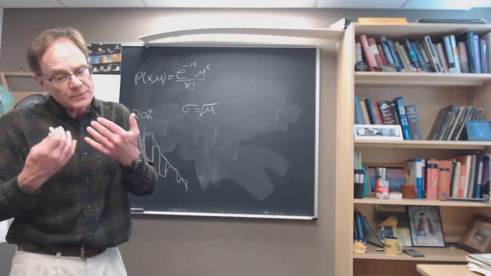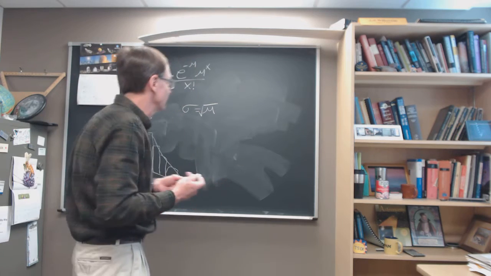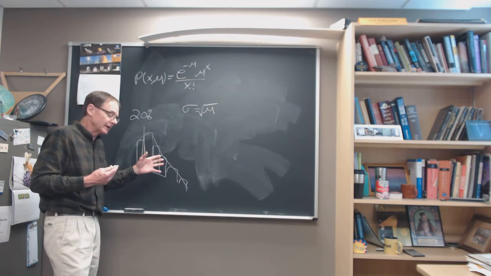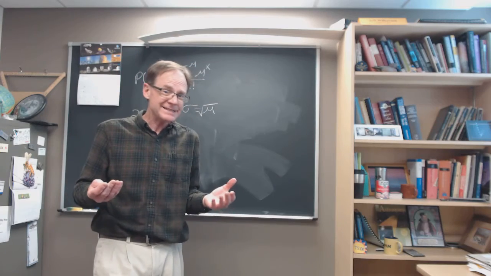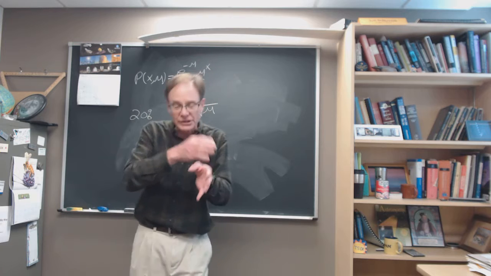Now, given that it's probabilistic, and any one might or might not convert into a photoelectron, sometimes you're going to make 3, and sometimes you're going to make 5. Sometimes you might make 7, and sometimes you might make 0. So you don't know what you're going to get. You're going to get a distribution.